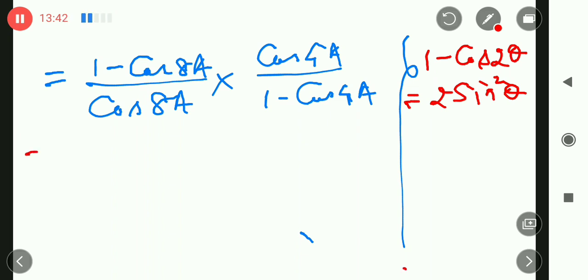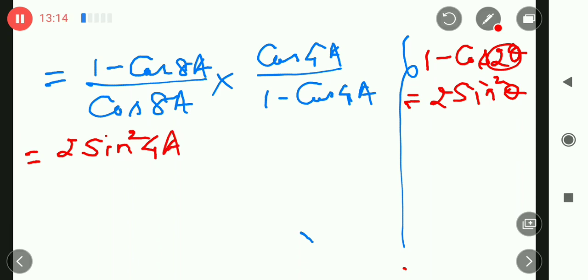In place of 1 minus cos 4a, can we write 2 sin square 4a, just half? Actually here was 2a, so we write just theta. As much as 2 theta is, 1 theta; here it is 8a, so 4a.